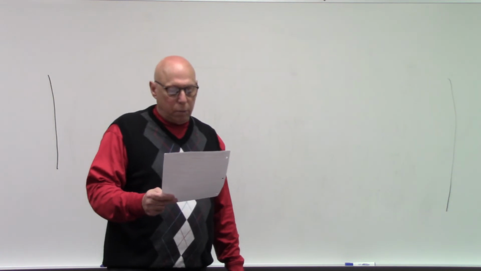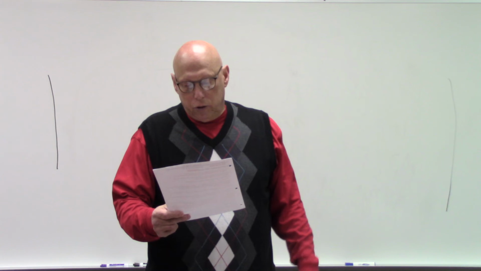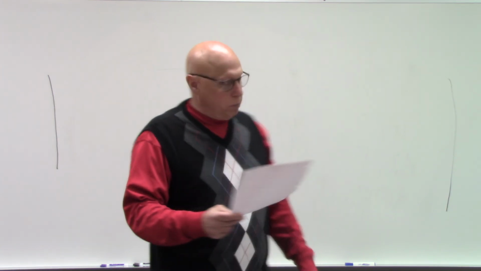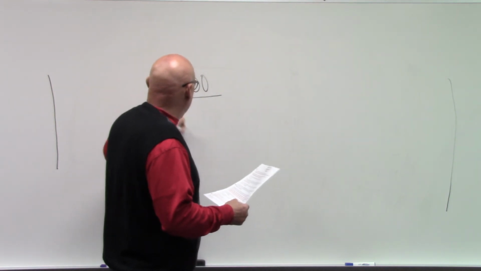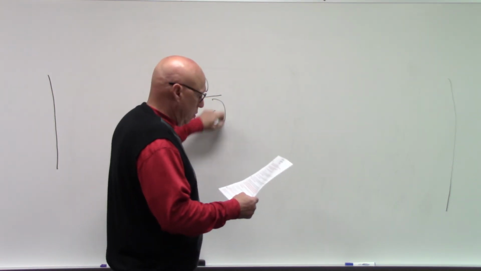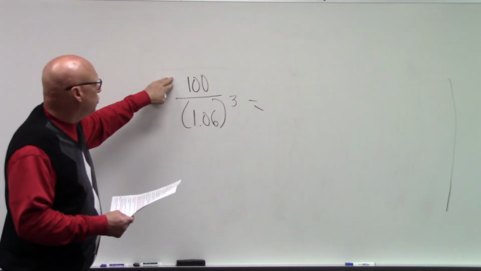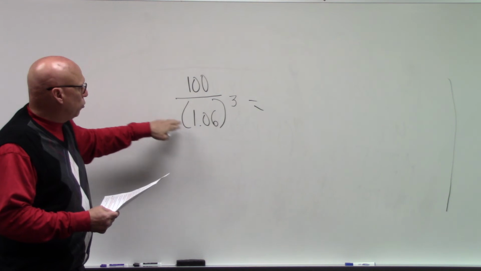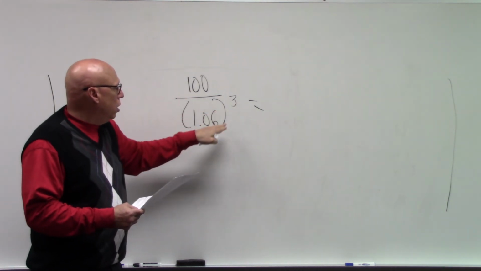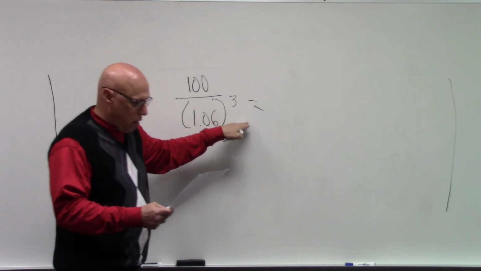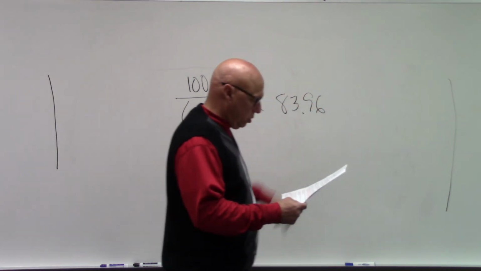All right. What is the present value of $100 to be received in 3 years if your discount rate is 6%? So 100 divided by 1.06 raised to the third. 100 divided by, open paren, 1.06, yx3, close paren, equals $83.96.